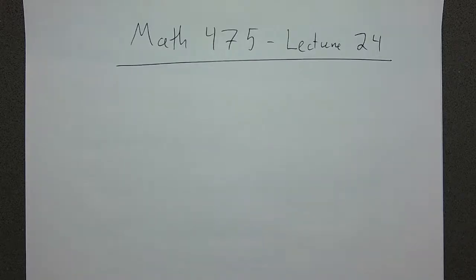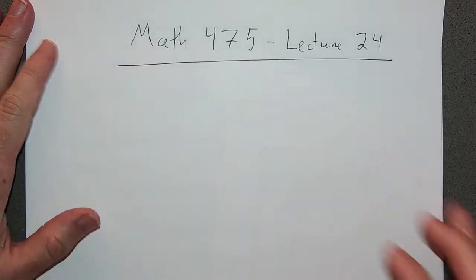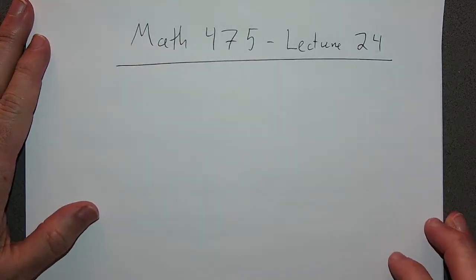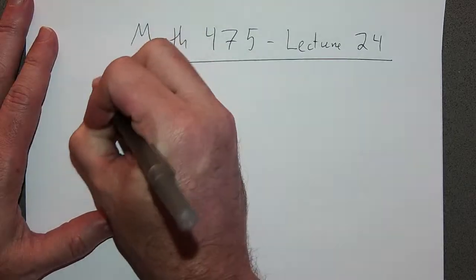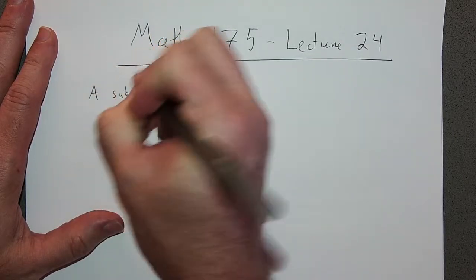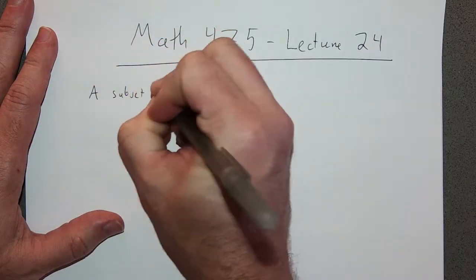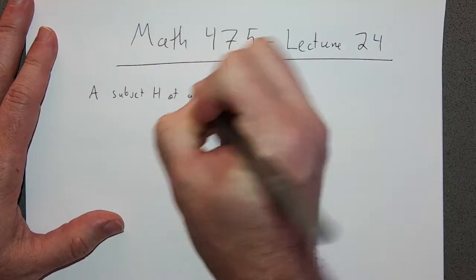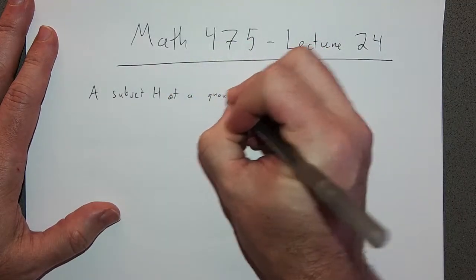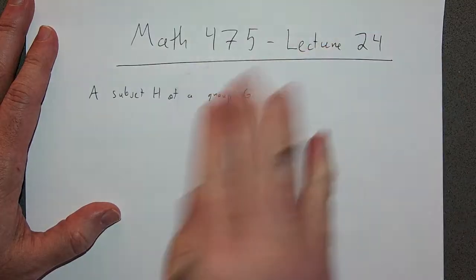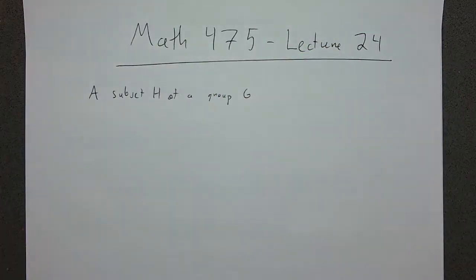But first, before I do that, I was going to define one more thing before giving some specific groups to mention. So a subset H of a group G with some group operation. You might wonder why we tend to write group operations as multiplications or transposition.